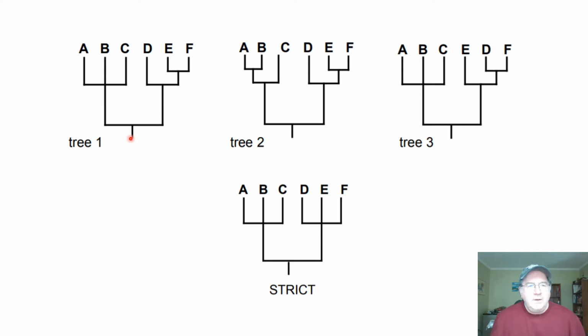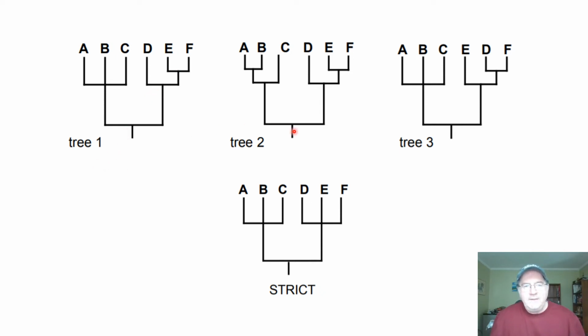So tree 1, first of all, splits our 6 OTUs into 2 groups. A, B, and C belong in one group, and either I don't have data or the data are ambiguous as to which pair is most closely related to each other. In the other group, I do have data that E and F are more closely related to each other than they are to D. So that's my first tree.